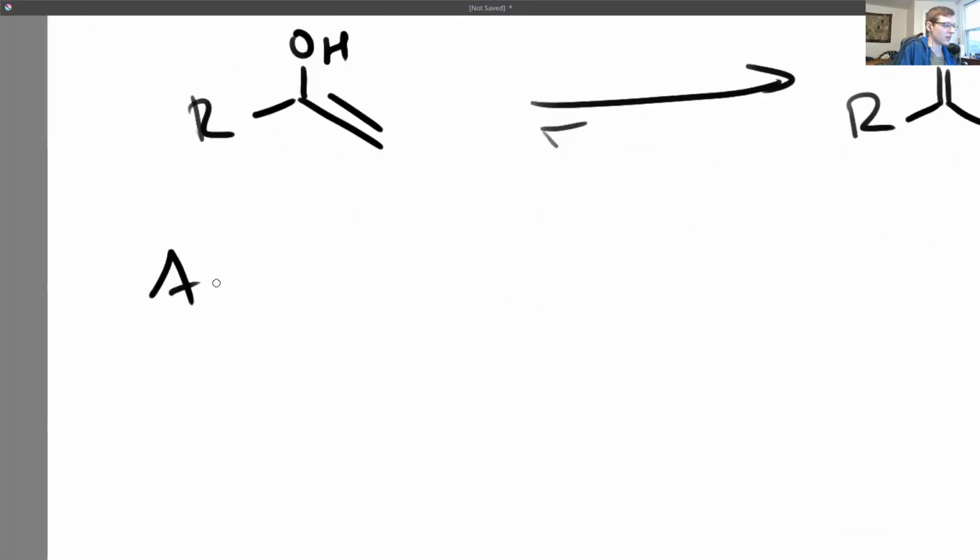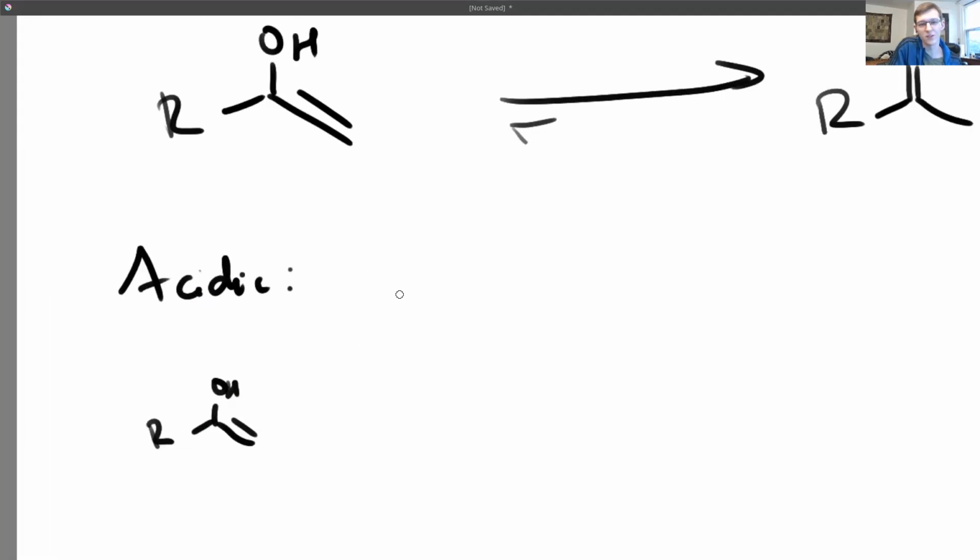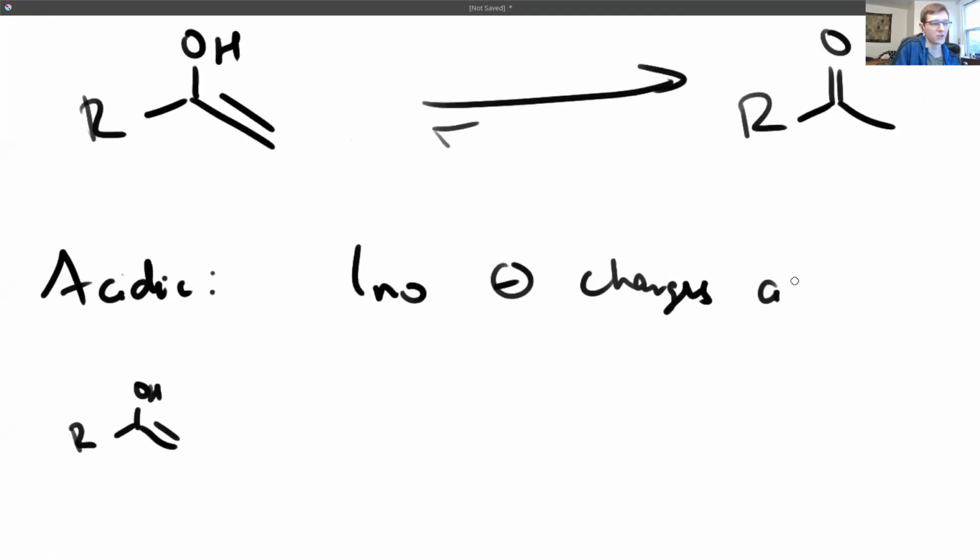So let's say it's acidic. What happens is we start with our enol. And remember, acidic means we only ever have plus or neutral charges, which is to say no minus charges. No minus charges allowed.